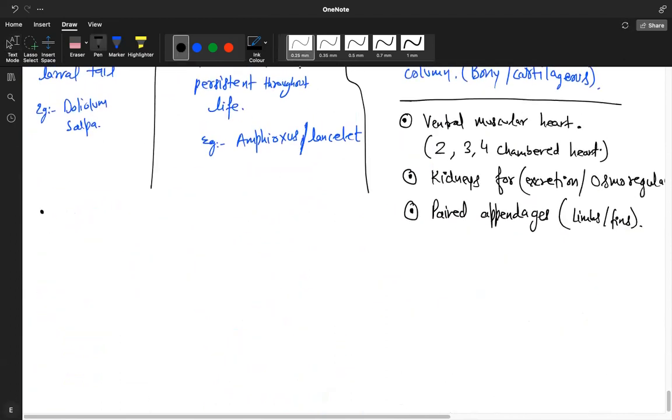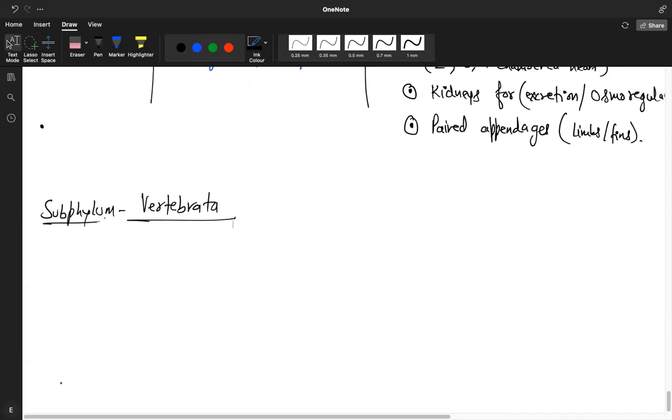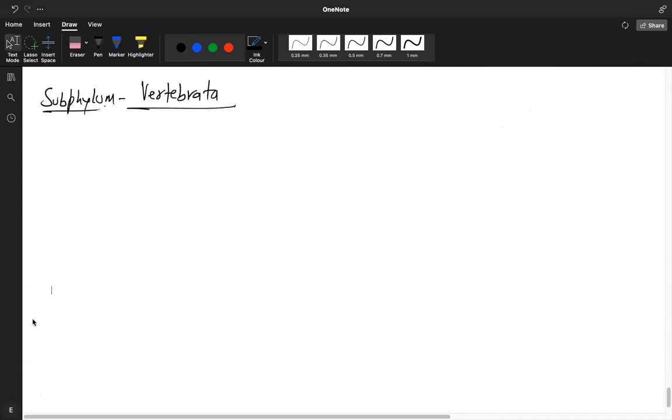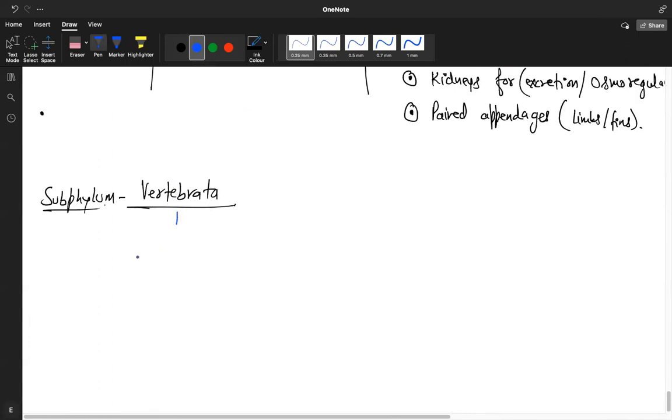Cool. Now let's go to the vertebrates. I am going to start the subphylum Vertebrata, which, as you know now, has these features. So kingdom, phylum, what comes after phylum?